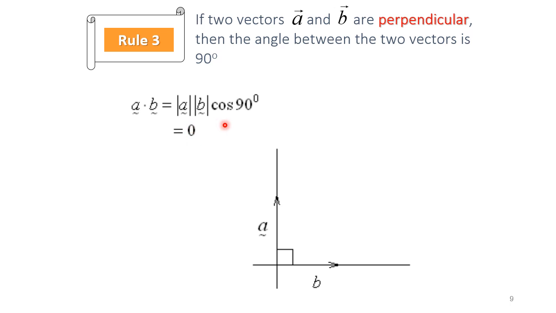So 0 times the magnitude is 0, and the dot product will be 0. This is one of the main rules that is very useful. In order to show that two vectors are perpendicular, we use the dot product: the dot product will be 0 if the two vectors are perpendicular to each other.